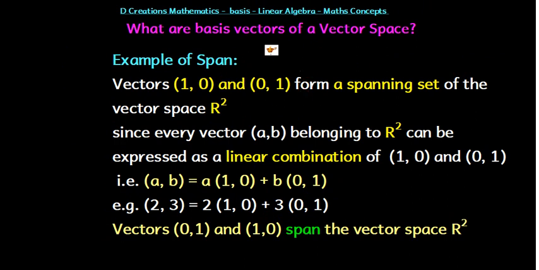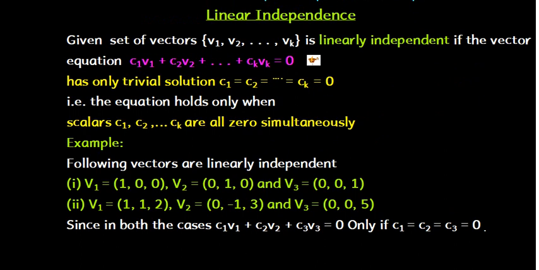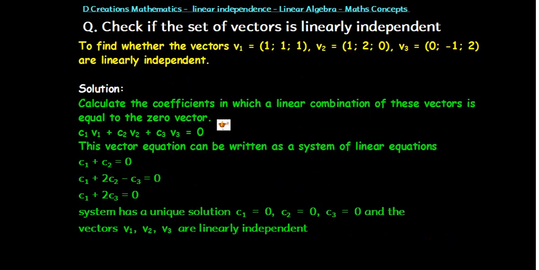Keep that in mind because we have already shown that it is a span. Now we are also saying that it is linearly independent. So from that it gets a hint that we are trying to prove that (1, 0), (0, 1) is a basis. This is again an example of showing how to show whether a certain set of vectors is linearly independent.